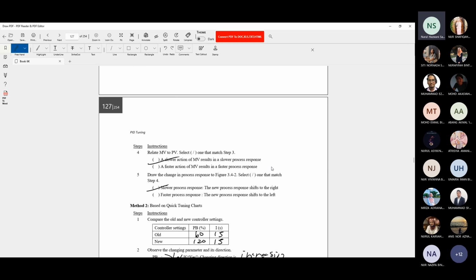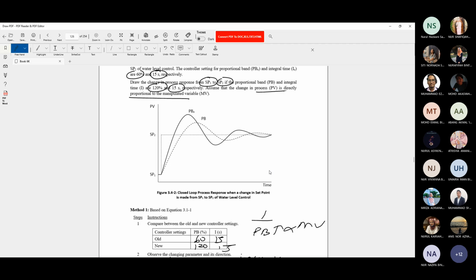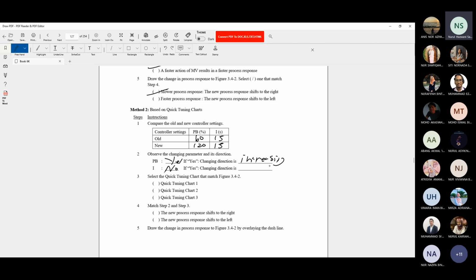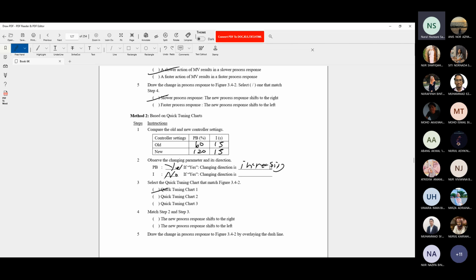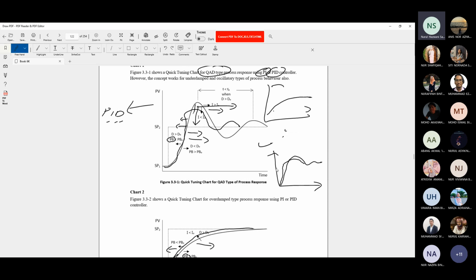So for this response, we need to use tuning chart 1, 2 or 3. 1. Yes, 1. Okay. So if we use 1, if we increase the value of PB, what would happen to the response?